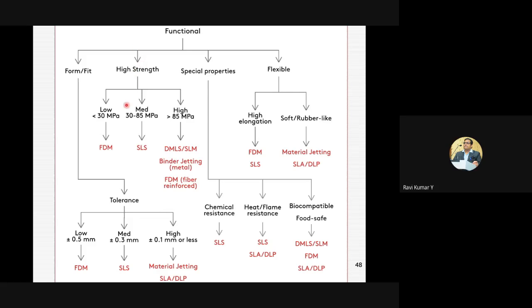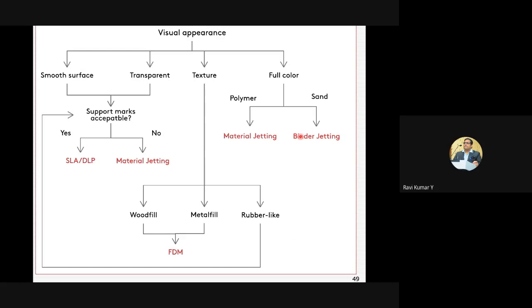And if you're looking for high strength, maybe more than 85 MPa or 30 to 85 MPa, then you have to pick from the lot what kind of technology is suitable for your required functionality. Special property, if you're looking at some chemical resistance or heat flame resistance or biocompatibility, then you have to pick from this. And then flexibility, you're looking at a high elongation, soft rubber kind of material or application, and then pick the appropriate technology.